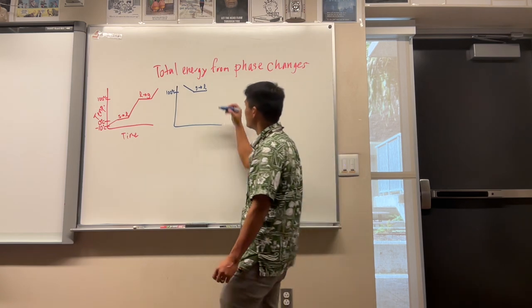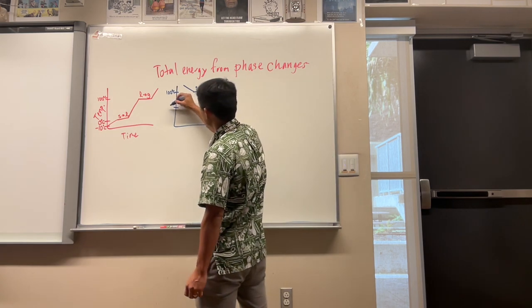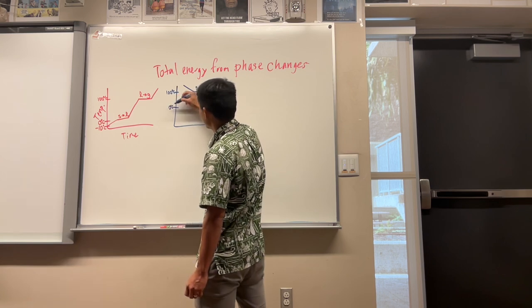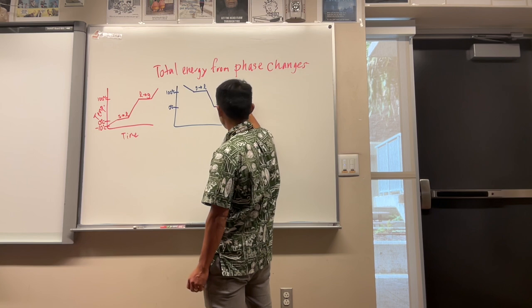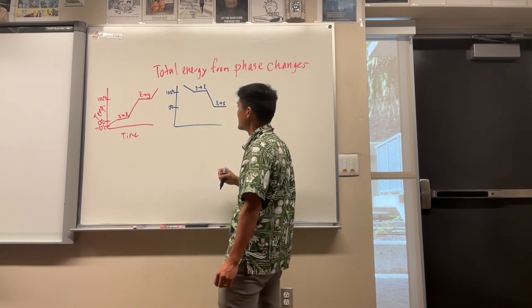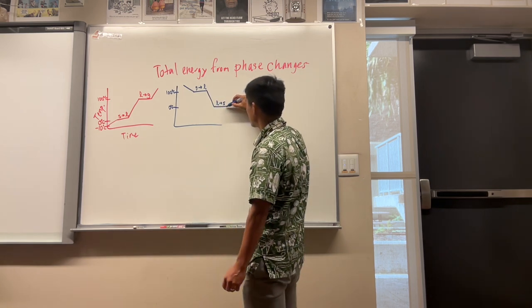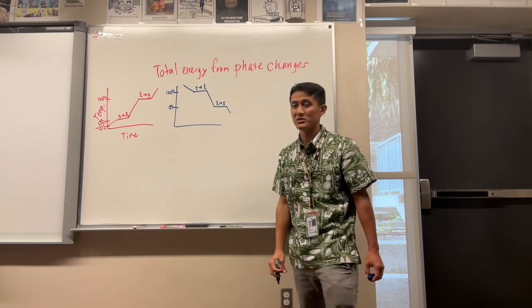Then it'll keep on going down until 0. Then it's going to turn from liquid to solid. And from there, it could even go a little bit colder. You could super cool it.